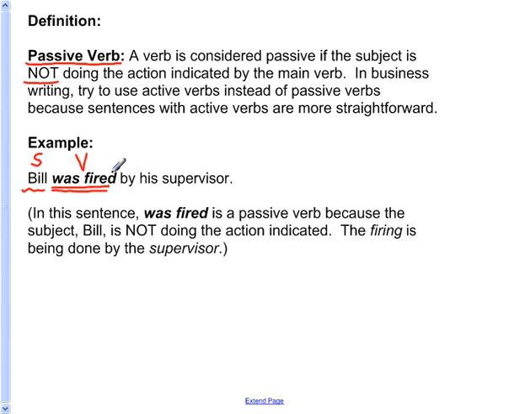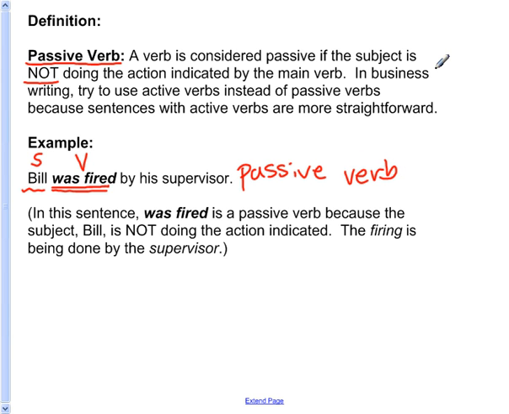There is some firing or terminating going on in this sentence. Is the subject doing the firing? Is Bill doing the firing? No. The subject in this sentence is not doing the action indicated by the main verb. So therefore, was fired is considered a passive verb.